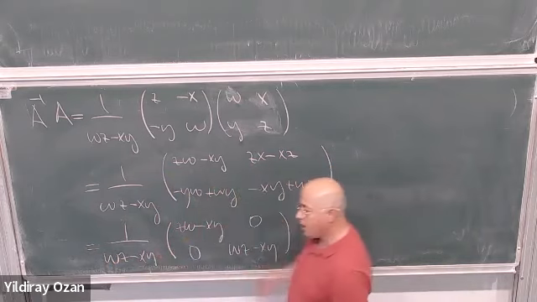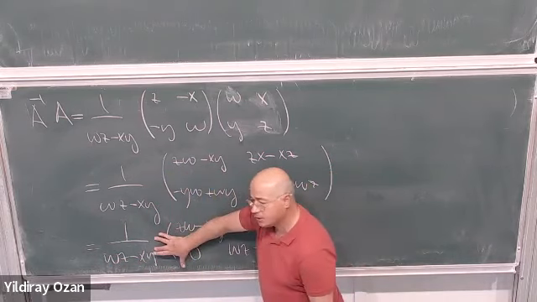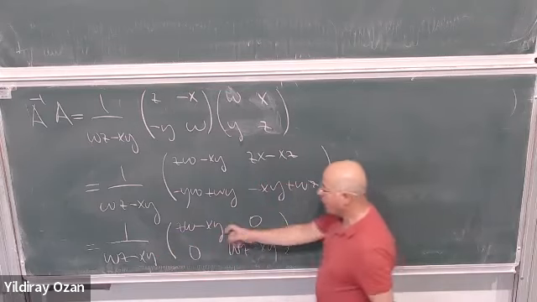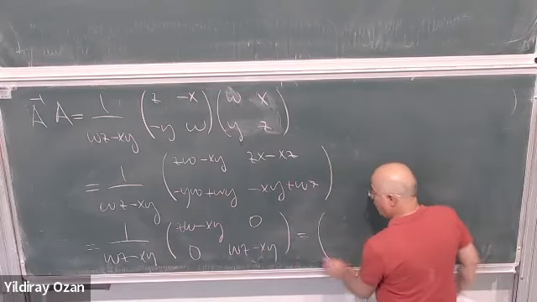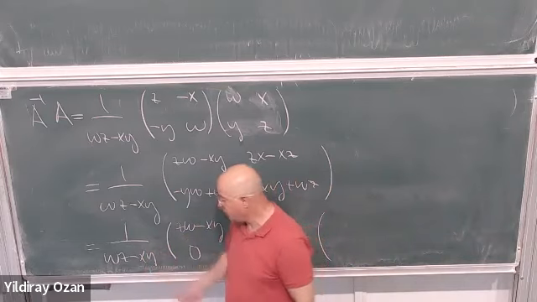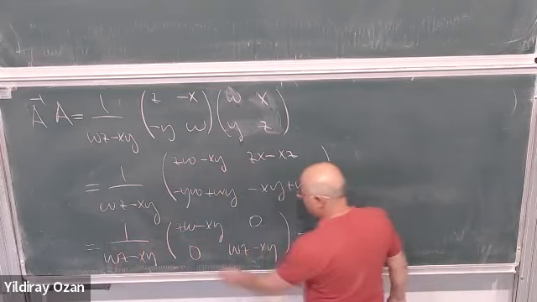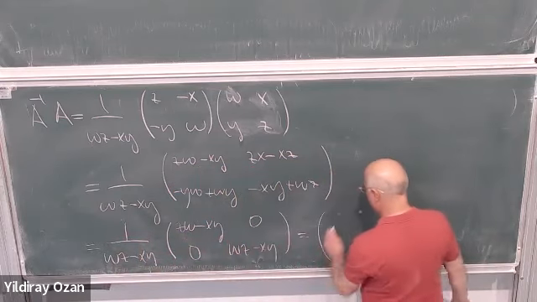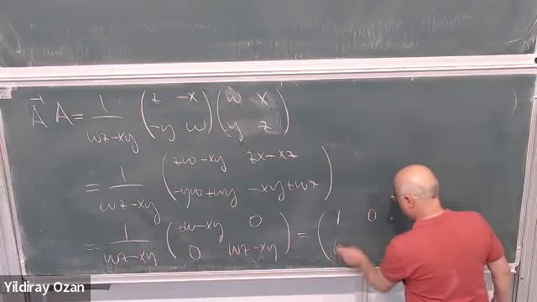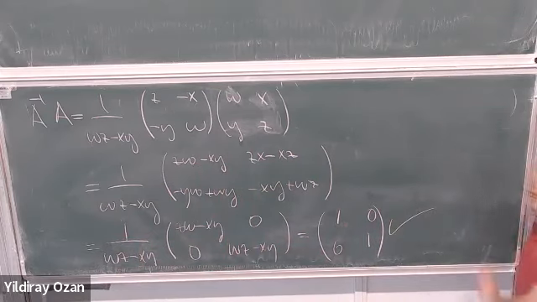When you multiply this matrix with this coefficient, you just multiply each entry. And we know that this is not 0. That's why I can write it this way. Otherwise, I couldn't write this. Now, this is just 1, 0, 0, 1. So this product is identity.